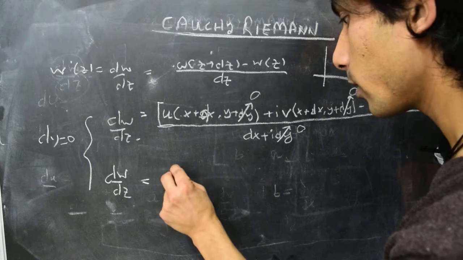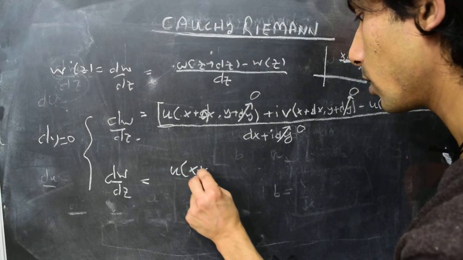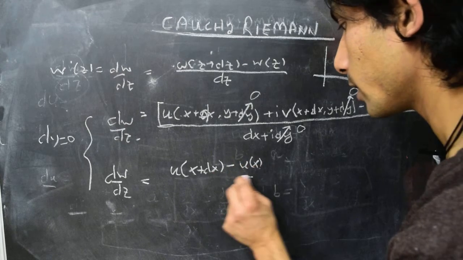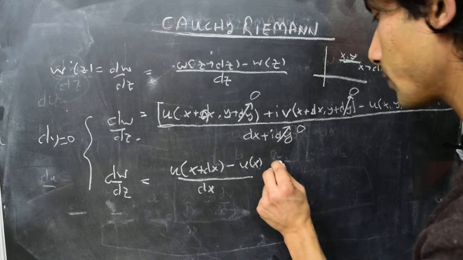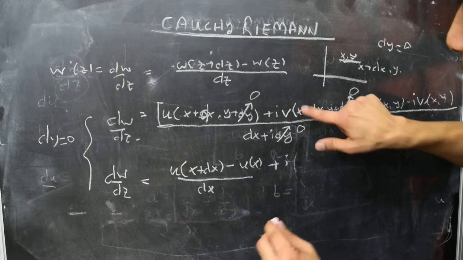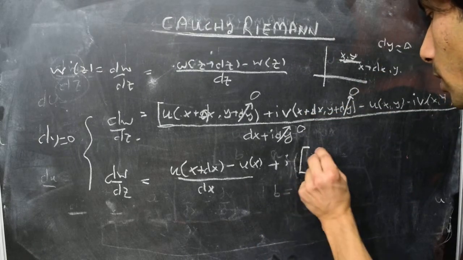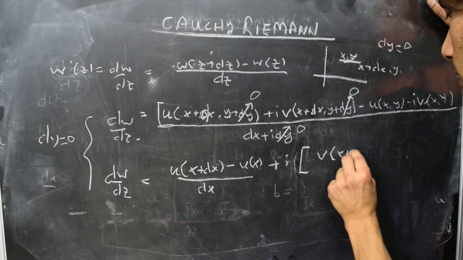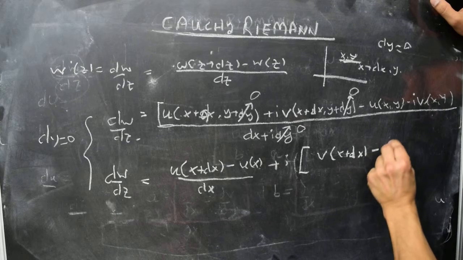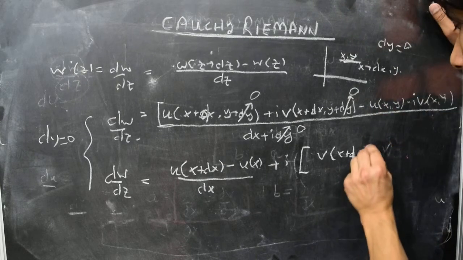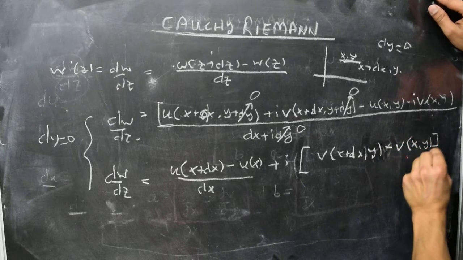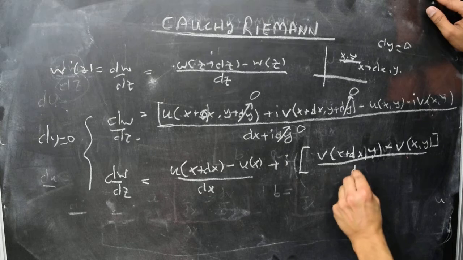So we have u at x plus dx minus u at x, that's the real part, divided by dx, and then we have an imaginary part plus i times v at x plus dx, y minus v at x, y, divided by dx, because dy is 0.